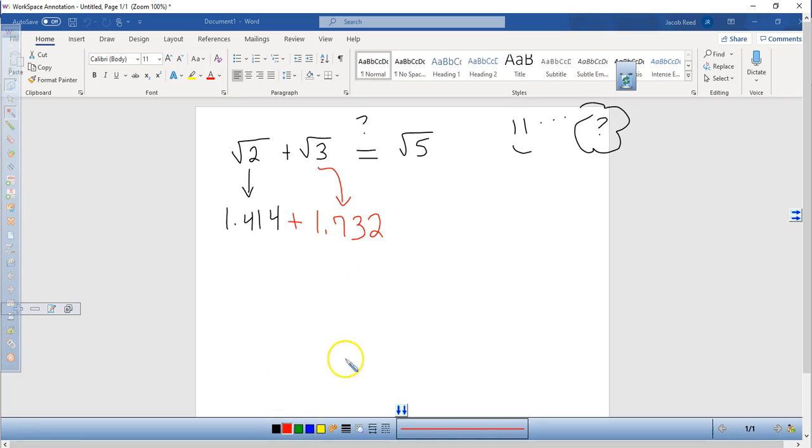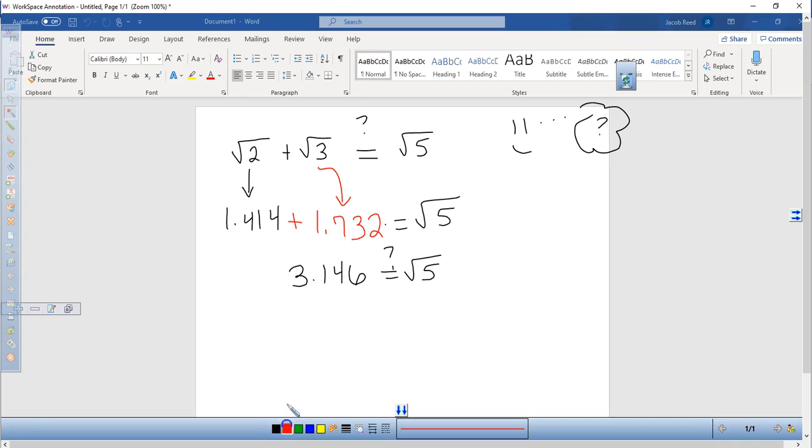So the question is, is that equal to the square root of 5? Well, if we sum up these two numbers, we get the number 3.146. Is that the square root of 5?